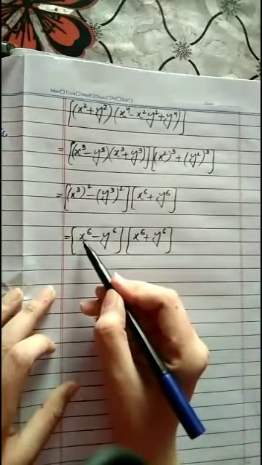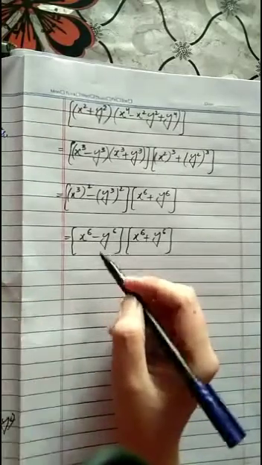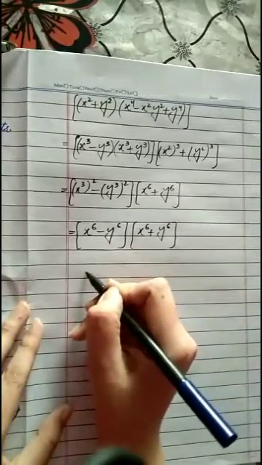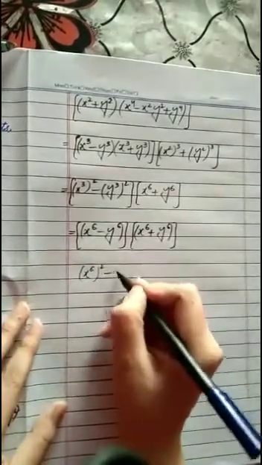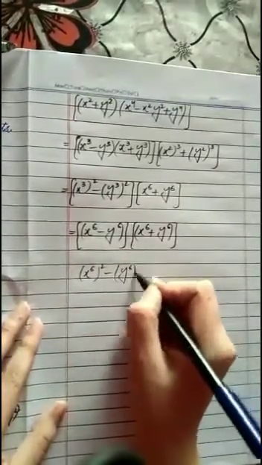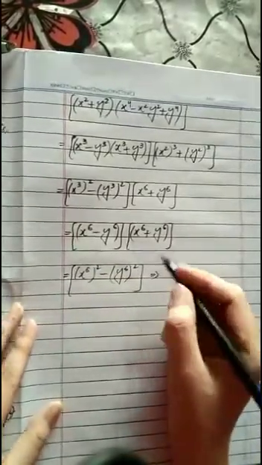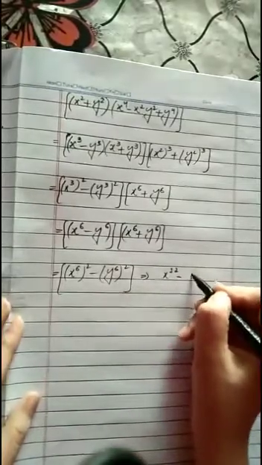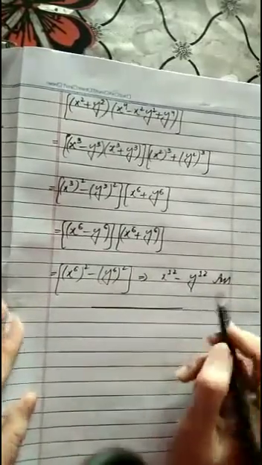Again consider it a and b, because both are the same but the sign is different, so we can apply the formula here as well. (a − b)(a + b) is a² − b². If you multiply the powers, it will be x¹² − y¹². It is our final answer of question number 15, part 3.